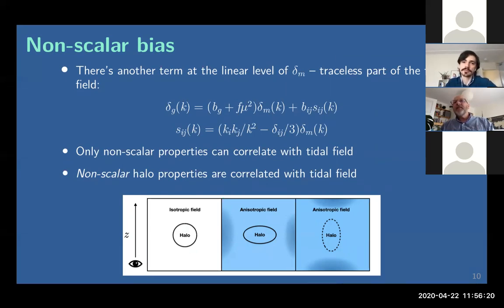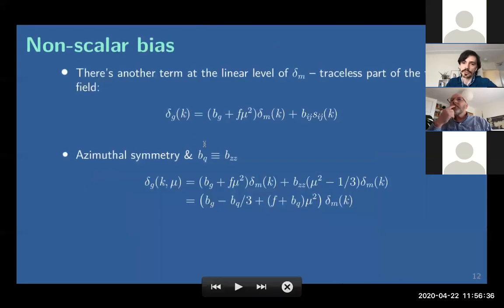Right. So if you consider, for example, the parallel component, the line of sight component, it will give you this mu squared minus 1/3 that appears in the quadrupole. It appears over here. So this is the parallel component, which only has the mu squared minus 1/3.